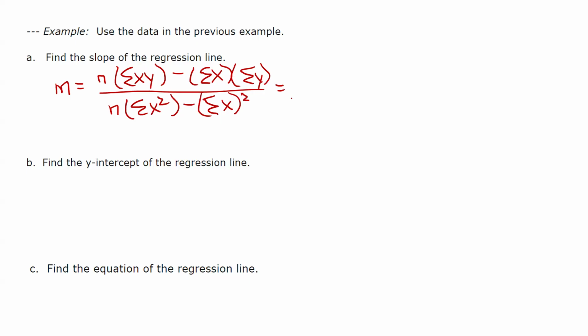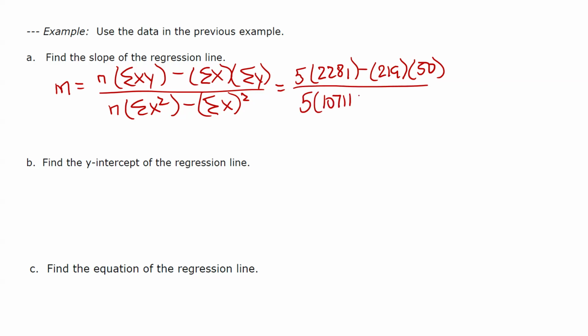So we'll use the data that we got. So this would be 5 times 2,281 minus 219 times 50, divided by 5 times 10,711 minus 47,961.